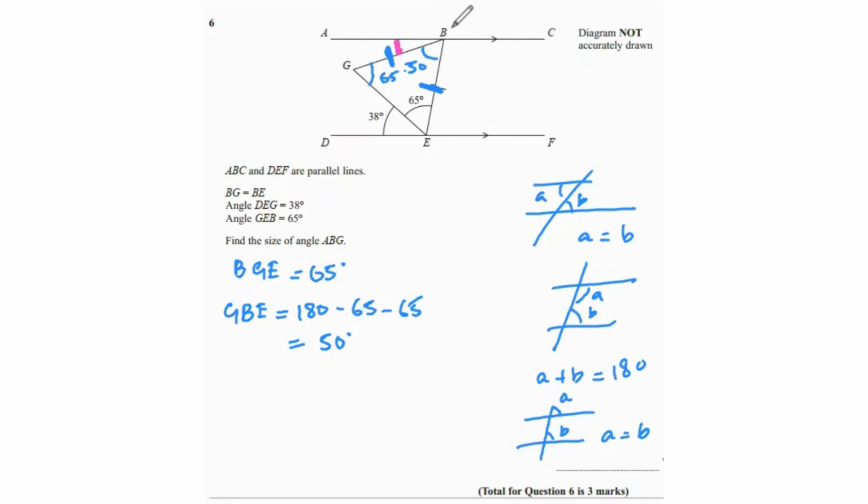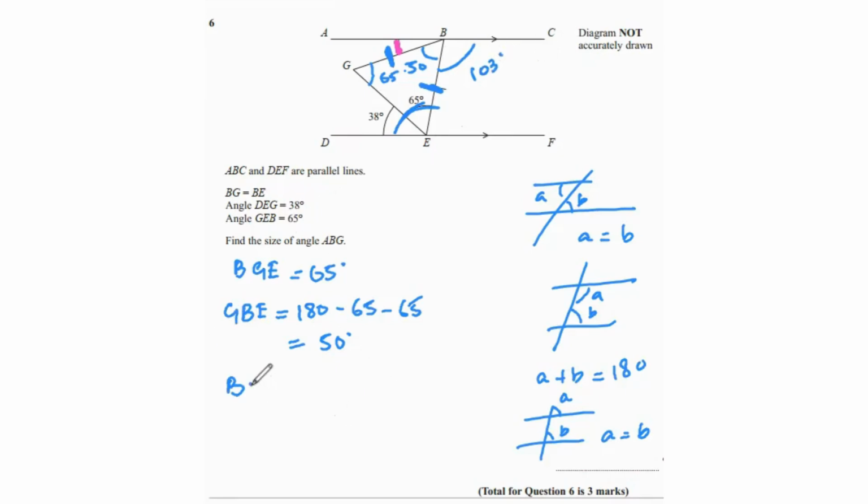Now, BE is acting as a transversal that's passing through the two parallel lines. So whatever is the sum of this angle over here, that's going to be the angle over here as well, which means 38 plus 65 is 103. So this is also going to be 103.